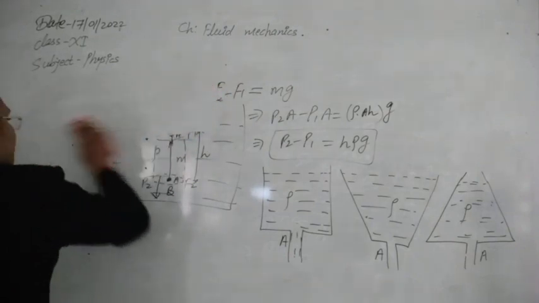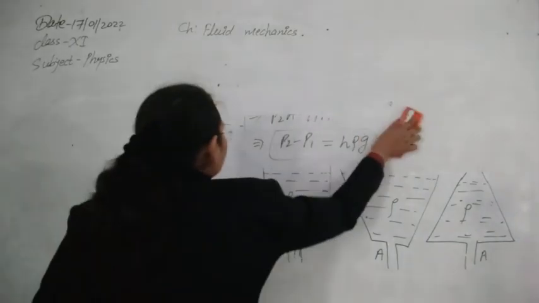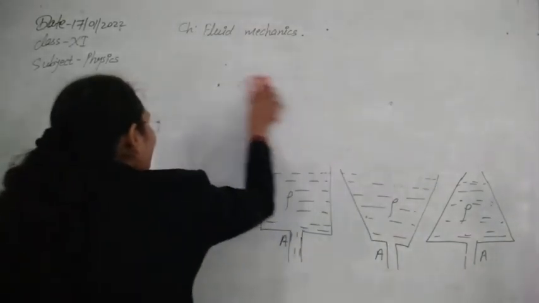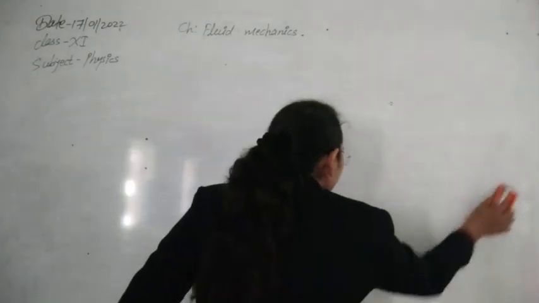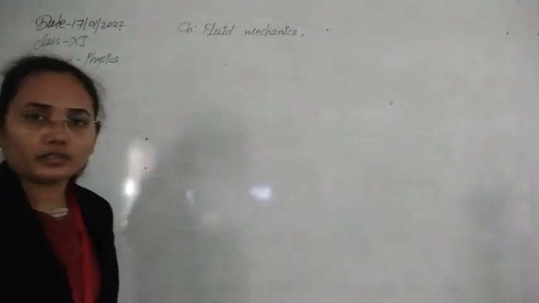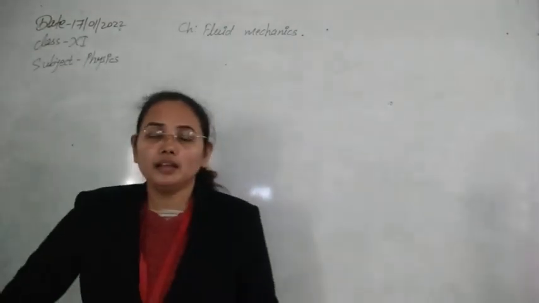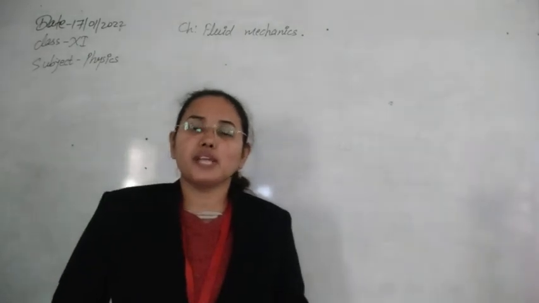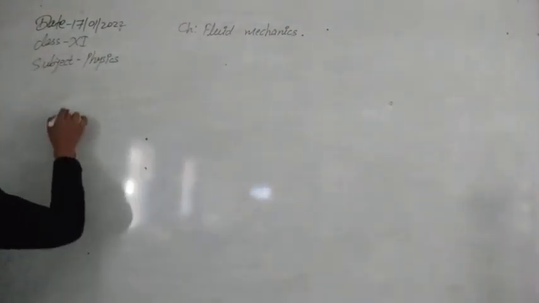Now I think these two things are very clear: pressure variation and also the hydrostatic paradox. After that, the next topic is Pascal's law. Pascal's law works on the same theory we have studied just now, variation of pressure with depth.